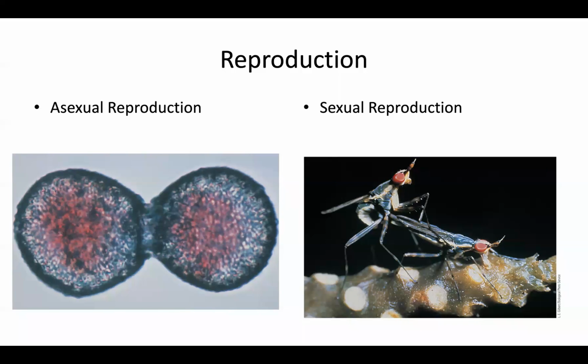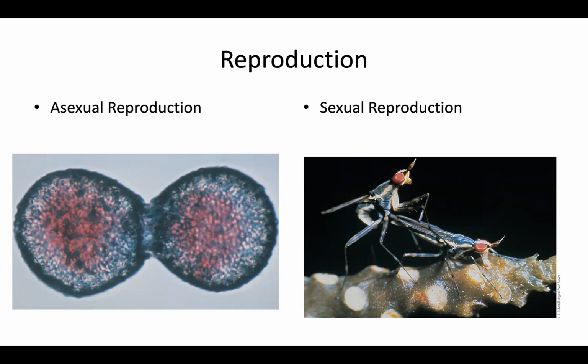Sexual reproduction is a more complex process. It takes a lot longer. Asexual reproduction is very fast. It's very efficient. In an ideal world, it's going to duplicate the genetic material of that one individual accurately without very many errors and produce an offspring that's identical. So it's almost like cloning.